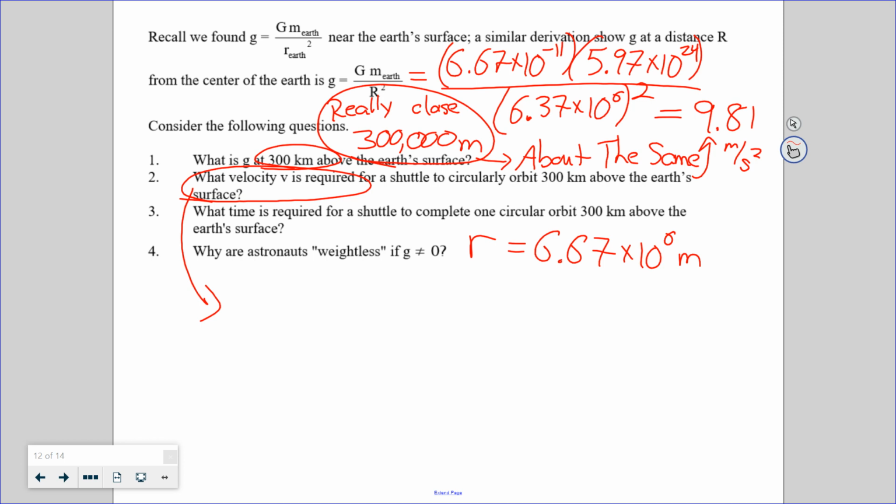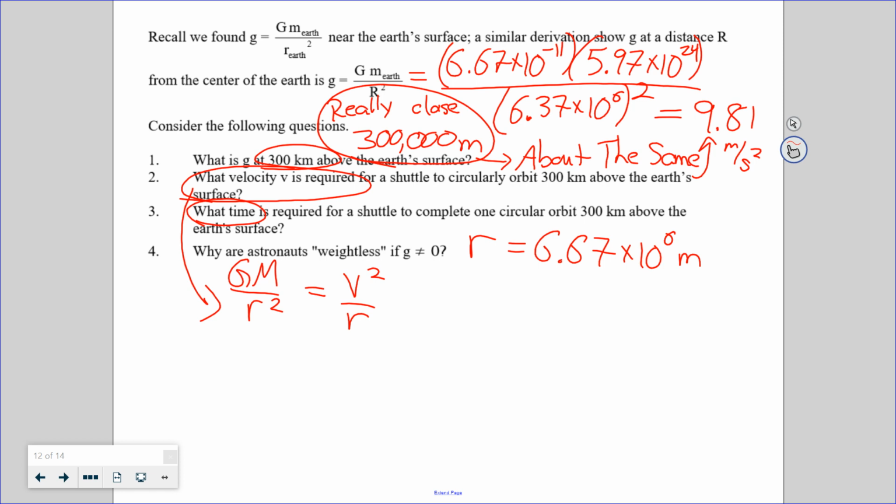I don't know how much time that's going to take. What can I do? I could believe that it's g. I could say g equals my centripetal acceleration there, v squared over r. If I didn't believe in g, I would have to do GM over r squared. So my new r for this problem is 6.67. It's eerily similar to the gravity constant digits.